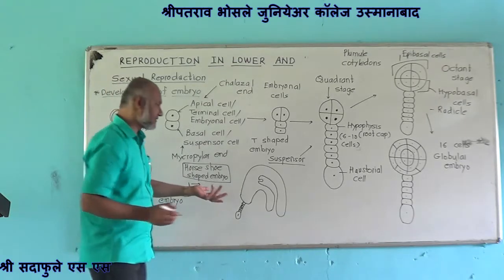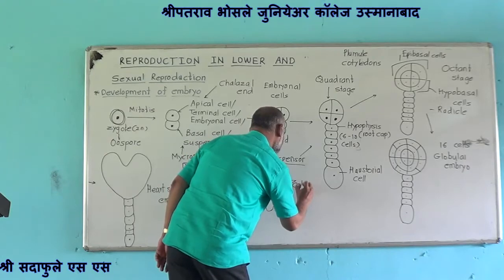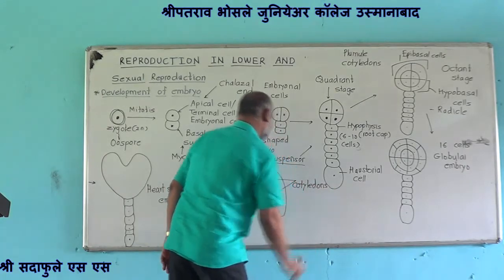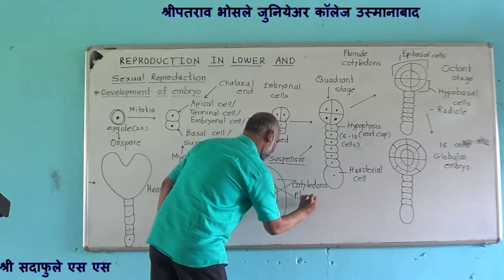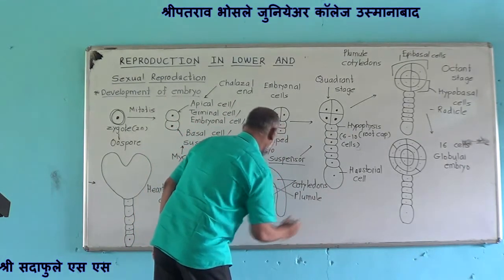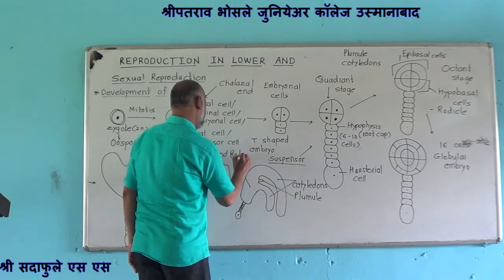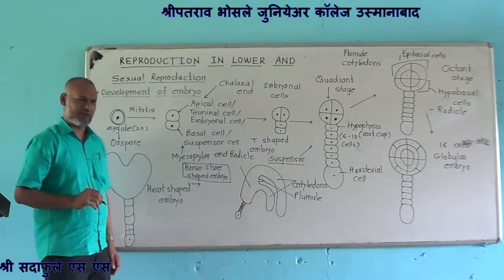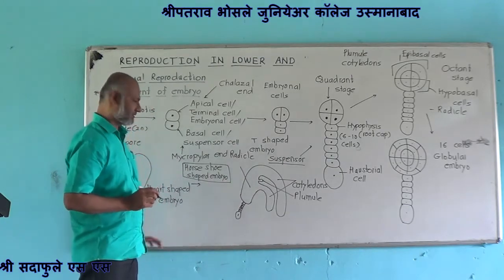Now, what are the parts of this embryo? These are 2 cotyledons. Then here is the plumule, and here is the radicle. Plumule, radicle, and cotyledons.